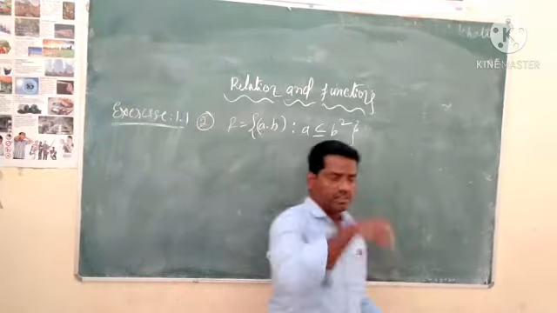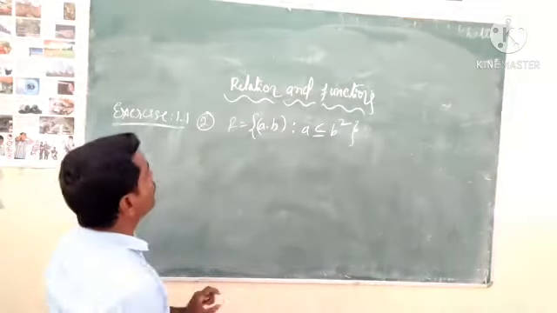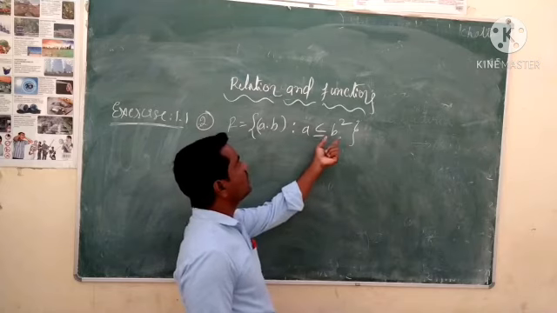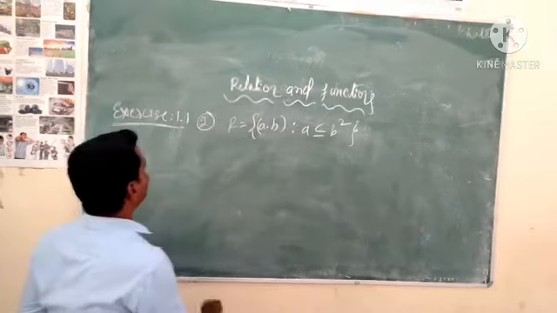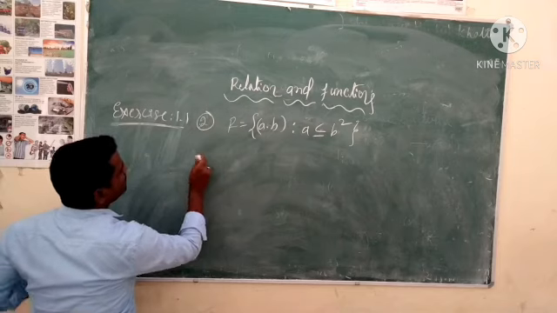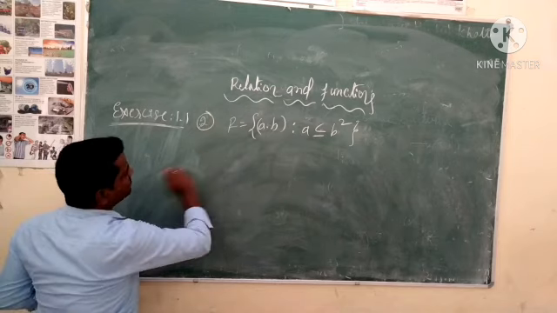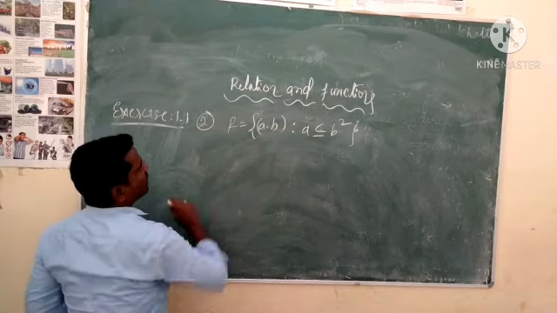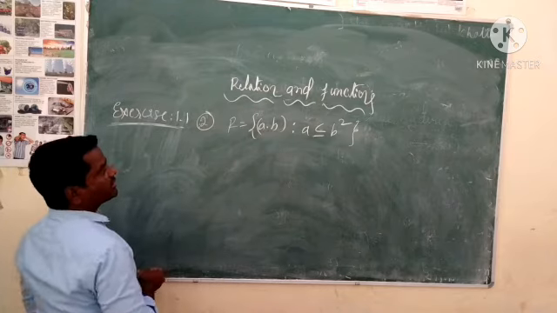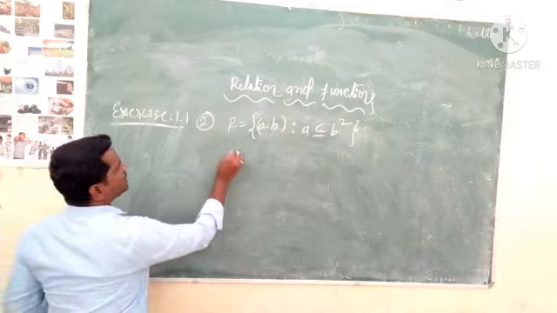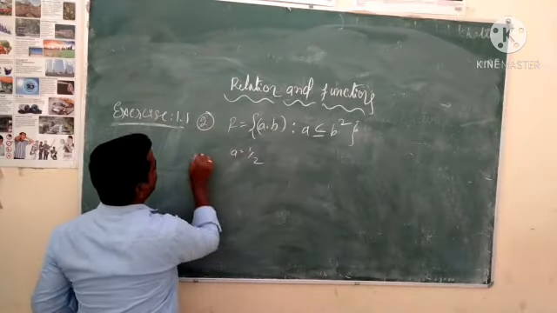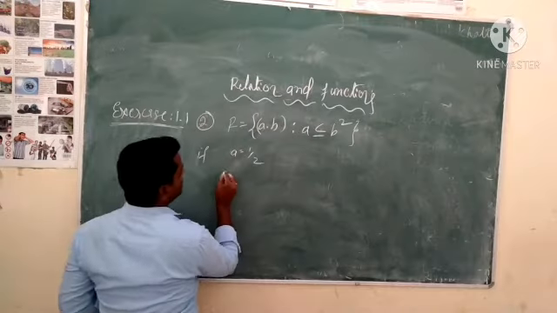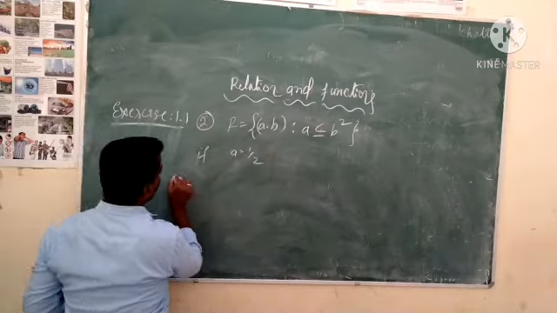How do we prove that a is less than or equal to b squared? If we take a equal to 1 by 2.